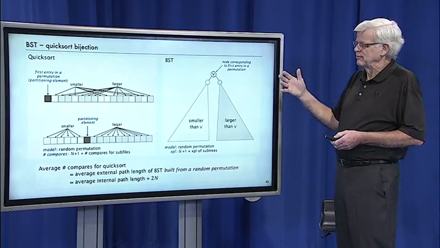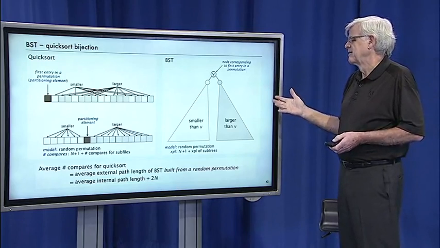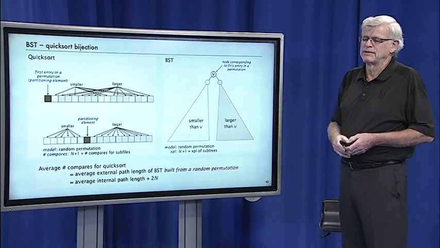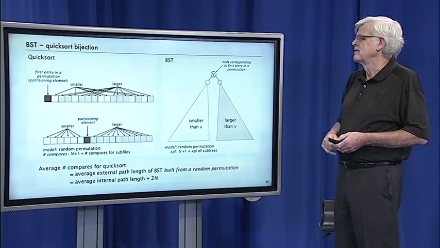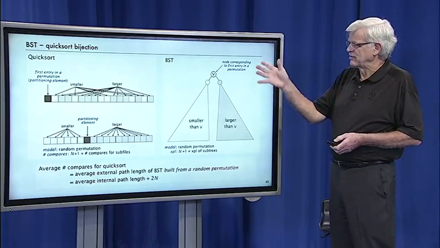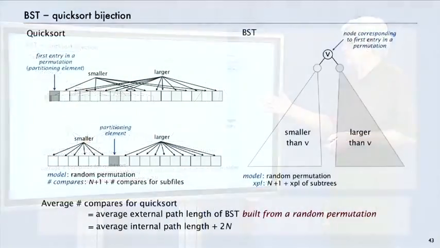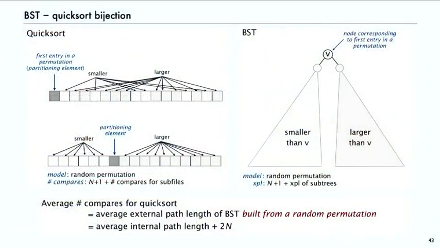Since the same equation comes up, people who've had algorithms courses know that there's a bijection between quicksort and binary search trees that explains this. We could have analyzed binary search trees just by taking advantage of this bijection. That is, in quicksort, you have the first entry in the permutation is the partitioning element, and the smaller ones and larger ones are mixed.